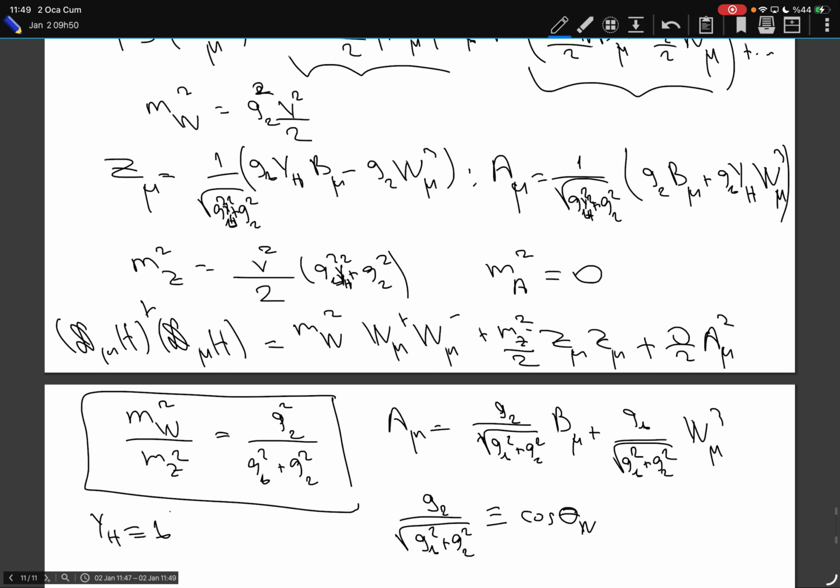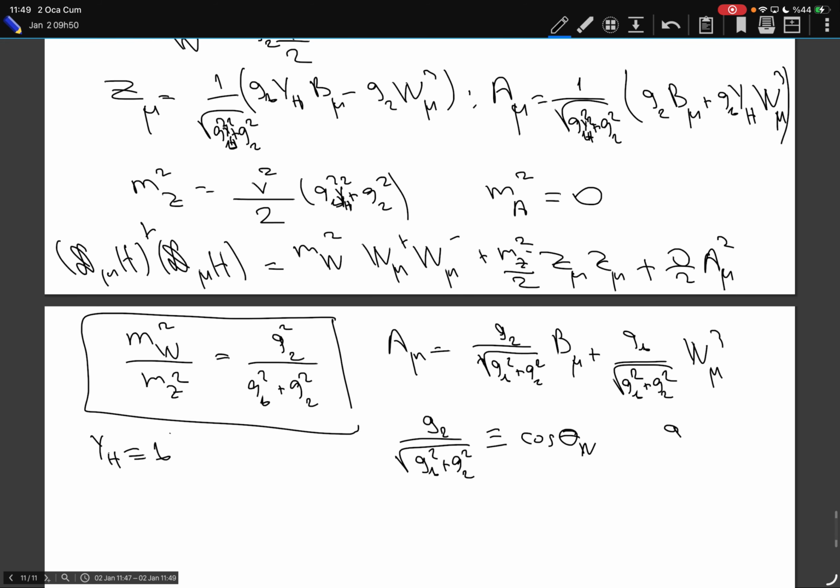This is how we define the Weinberg angle. And G1 divided by square root of G1 squared plus G2 squared is the sine of theta Weinberg. So the mass of W divided by the mass of Z is equal to cosine of the Weinberg angle.